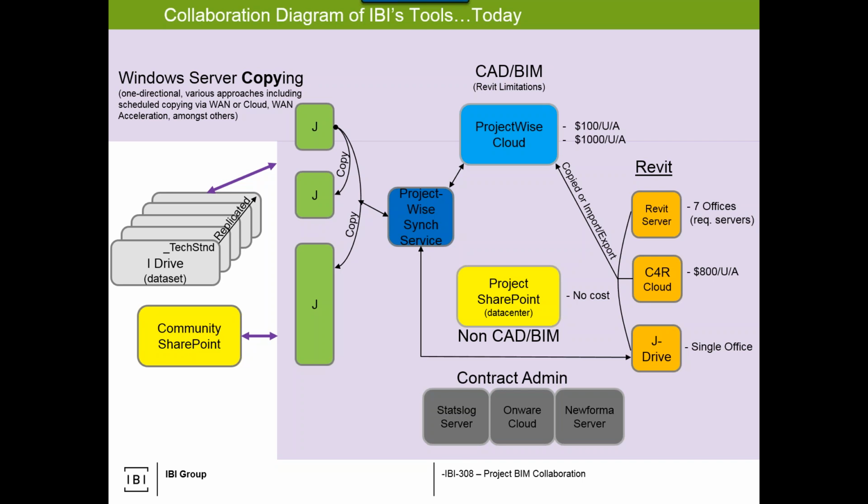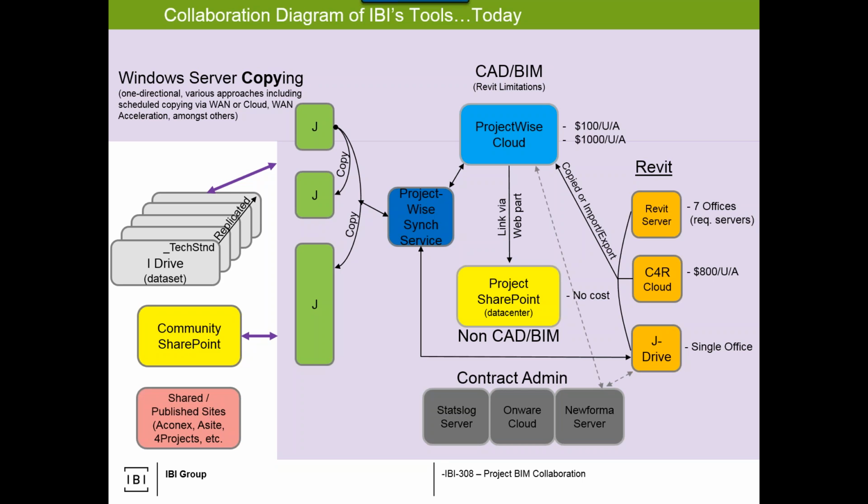We can build copying and import-export routines from the Revit solutions, and I'm going to talk about that in a moment, into and out of ProjectWise, as well as there's a web part that can link ProjectWise into SharePoint. So if you were using a SharePoint project site and you wanted to see CAD content or PDFs, etc., held in ProjectWise, you can see it via the SharePoint portal.